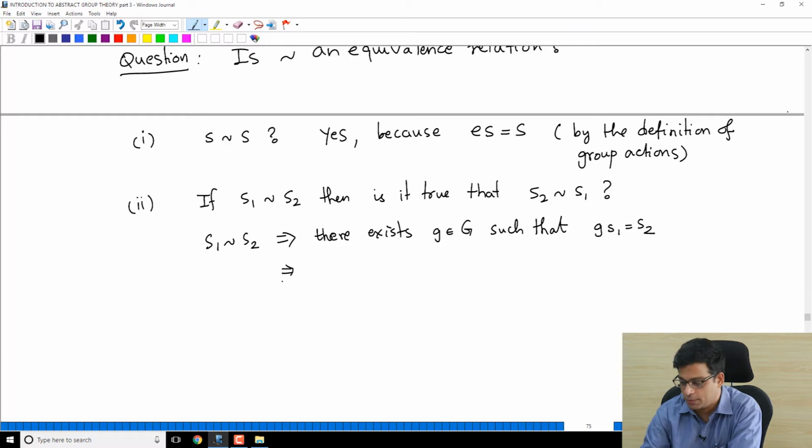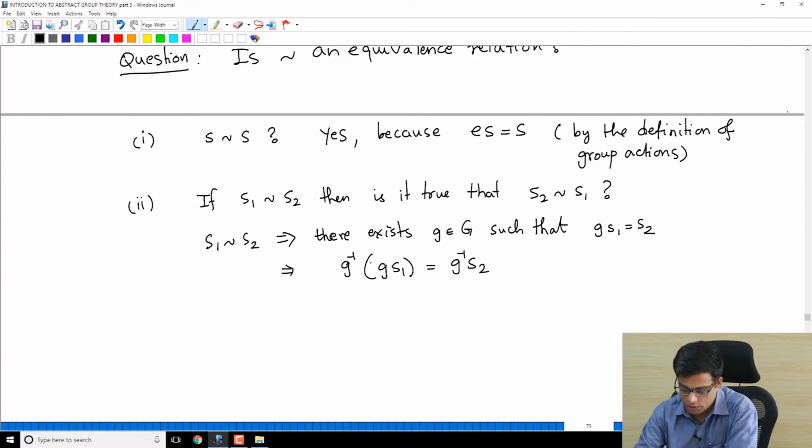Now let's apply the action properties, and in particular apply g inverse to both sides. If gs1 is equal to s2, remember these are two elements of capital S that are equal to each other. Let's apply g inverse to both of them.